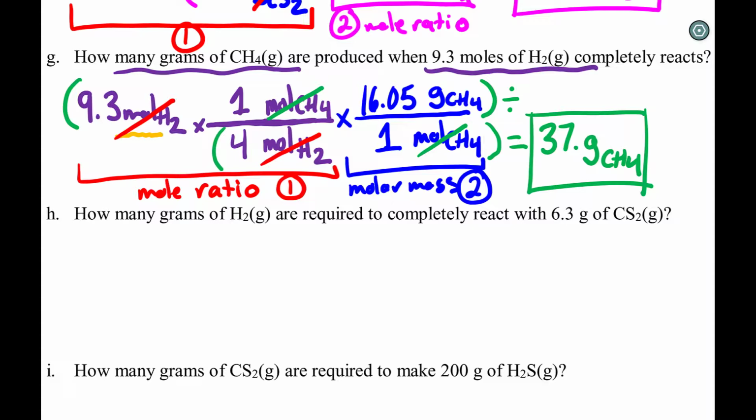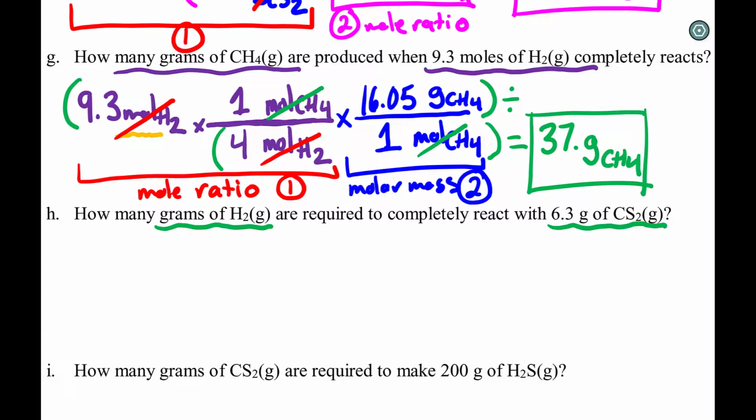In our next question, we are going to take it a step further. We are going to be starting with grams of a substance and ending with grams of a substance. This would require 2 conversions to moles plus the mole-to-mole ratio, and we are now up to 3 fractions.